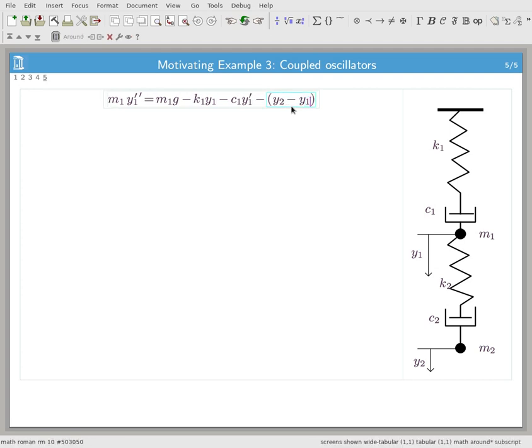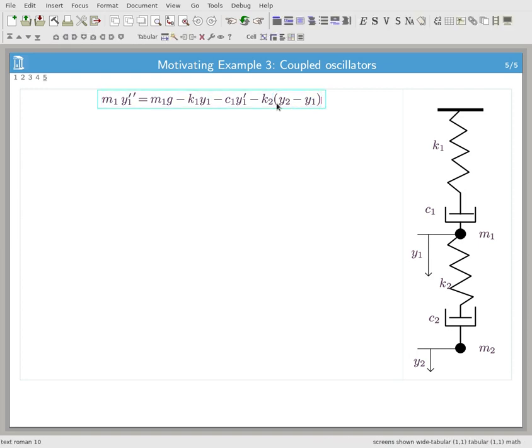Notice that when y2 grows, this spring, namely spring 2, extends its length, but if y1 increases, then spring 2 decreases its length. The elastic spring constant in this case is k2. And we have now completed all of the forces that act upon mass 1.